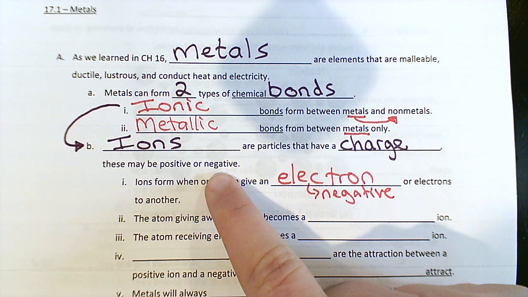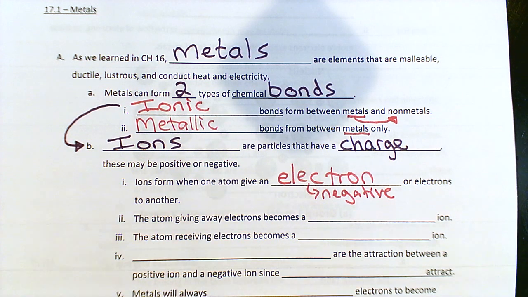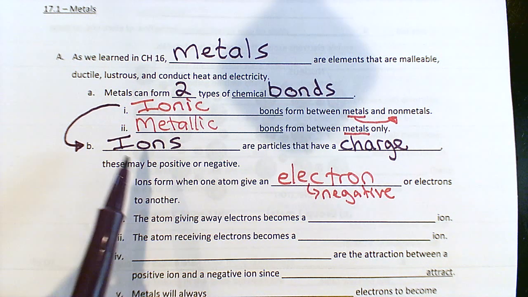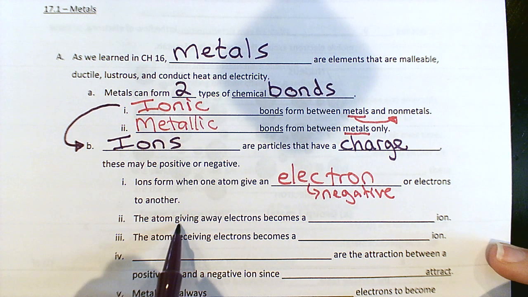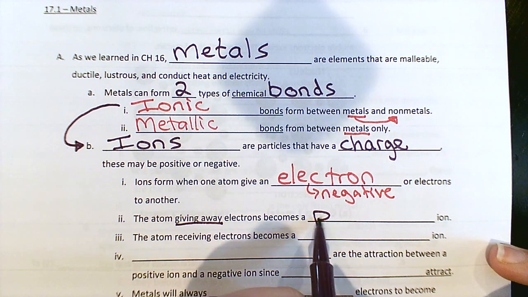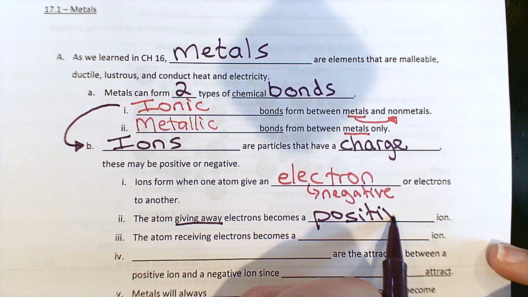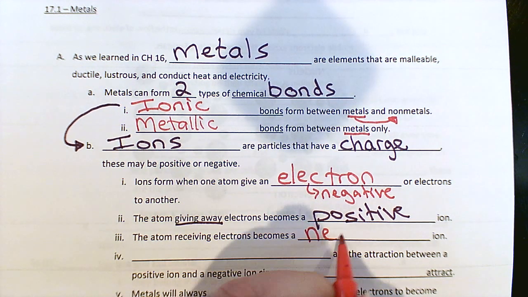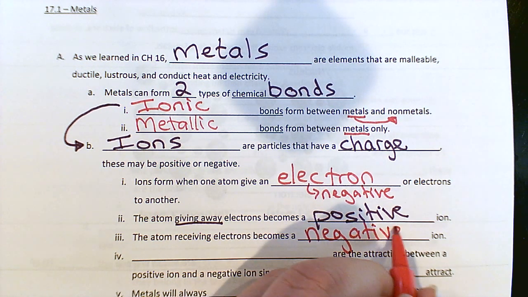The opposite is also true. If you were neutral and gave away an electron, electrons are negative. If you lose negativity, like in math, if you subtract a negative, your value goes up. So if you gave away an electron, you become the positive ion. So the atom giving away electrons becomes positive, and the atom receiving electrons becomes negative.